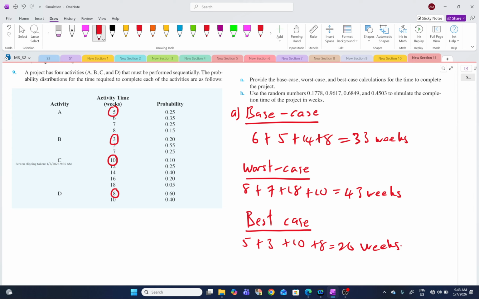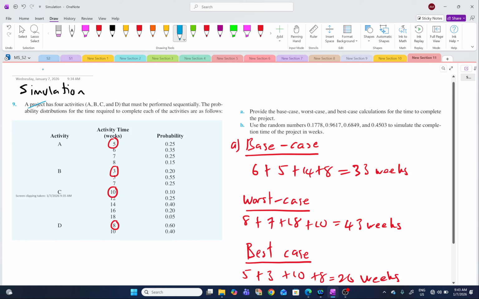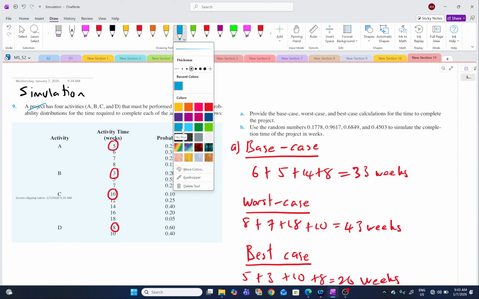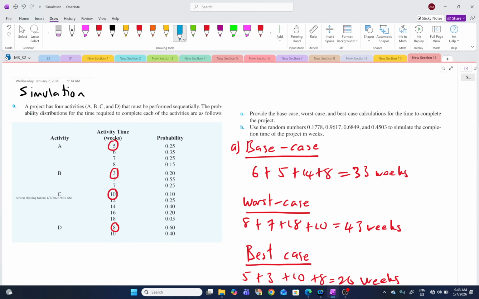Okay, I'm going to change the question a little bit now. Same question. Okay, soalan yang sama. Saya nak tukar sikit. Now, katakan a project has 4 activities.